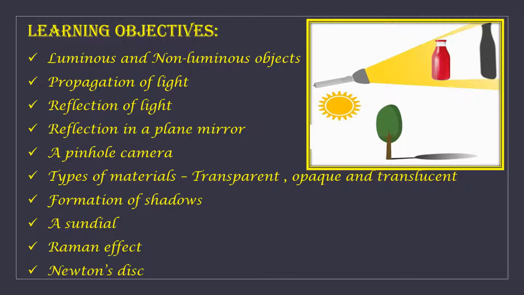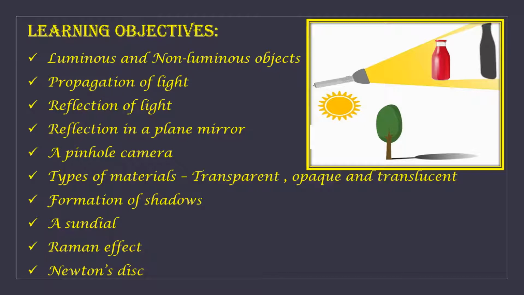So before starting with the chapter, let us see what the learning objectives are. Students, you will be learning about luminous and non-luminous objects in this chapter. Then you will be understanding the propagation of light and the reflection of light, and also the reflection in a plane mirror.